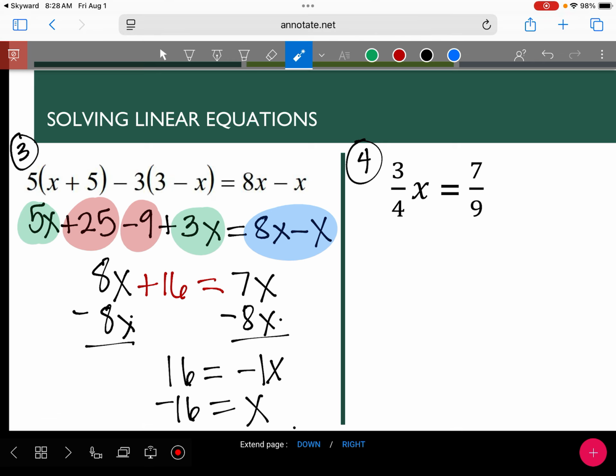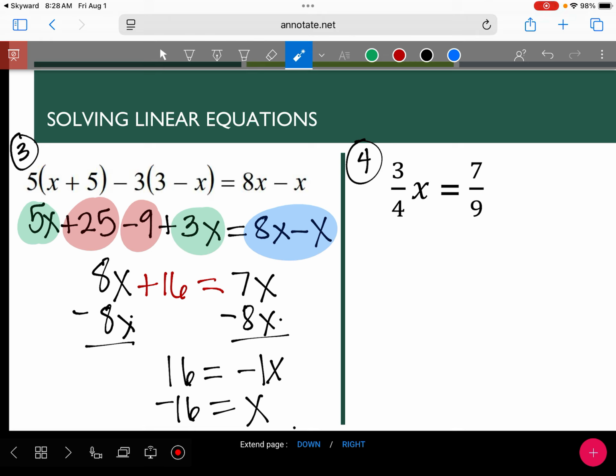Now, the biggest mistake is probably right here. Forgetting that a negative times a negative is a positive. And it's a common mistake. So if you did not get that answer, go ahead and fix it. Correct it.